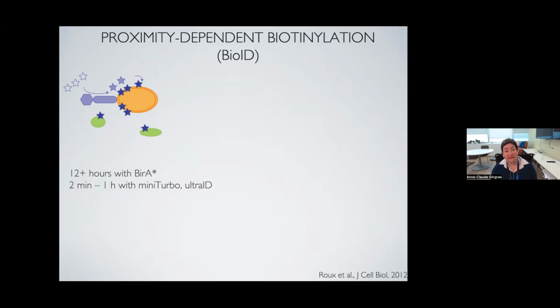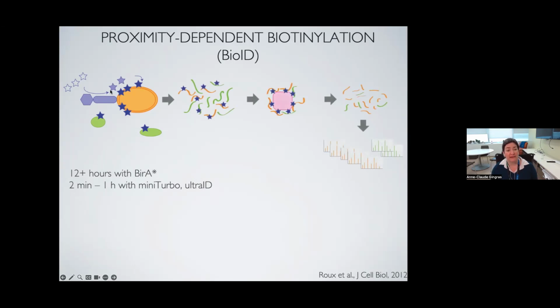And depending on the enzyme that you're going to be using, you're going to need to do this labeling for different amounts of time. So for example, with the initial enzyme called BirA, with which most of the work that I'm going to show today has been performed, you would need something like 10 plus hours to get very strong labeling. And this is not the case now with some of the most recent enzymes that have been engineered. I'm going to highlight two of them today called MiniTurbo and UltraID.